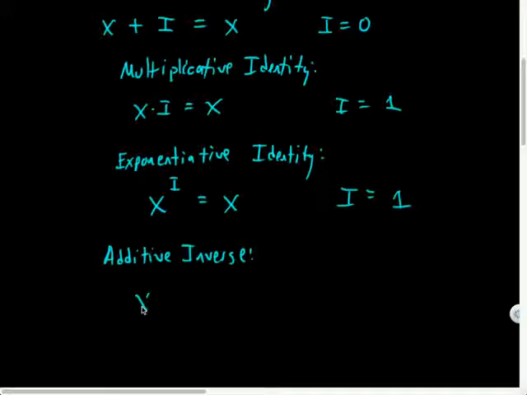If I want to figure out x plus, and I'm going to put x to the negative first power, raising something to the negative 1 is oftentimes a notation indicating inverse. So what would this x to the negative 1th power be? What would the inverse be? So if I have a number, what could I add to it that would give me the additive identity? So let's see, the additive identity was 0.